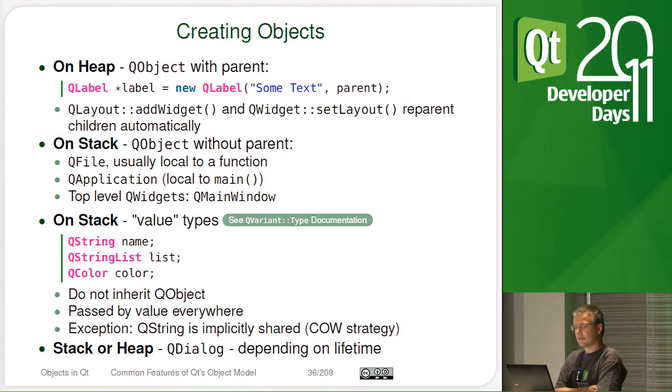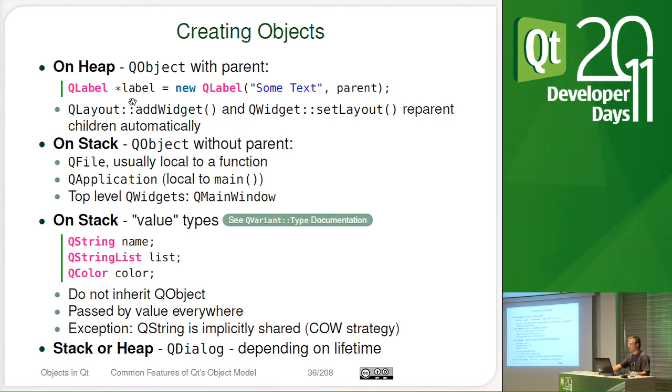So how do we do this in our source code? Let's take a short example here. Mainly we create the QObjects on the heap using the new operator. In this case, we create a new QLabel with some text and we specify a parent. The second approach would be to create the objects on the stack, which we do when we are using local variables.